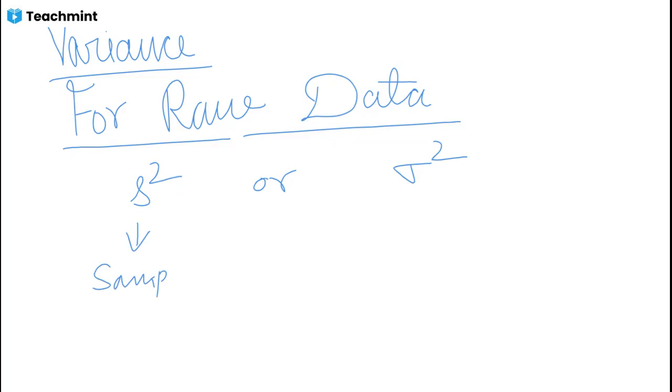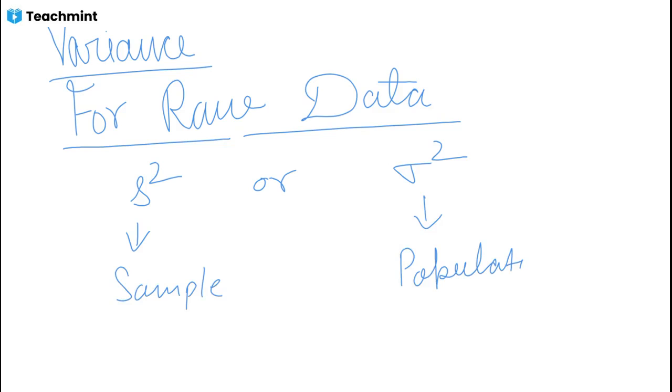This is for sample, and this is for population. Population means we have large data, so we usually find it for sample. But in some books they give this symbol, so don't be confused. Sigma square is variance, while sigma is standard deviation.